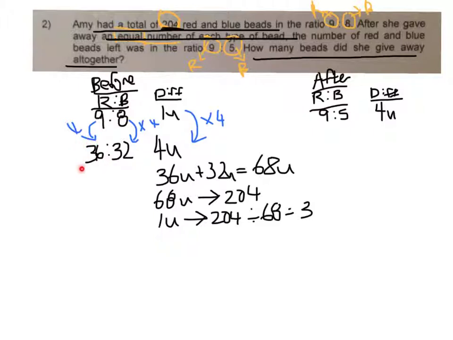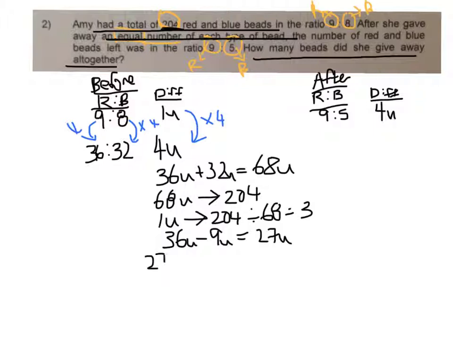So red initially is 36. Then after an equal number of beads were given away, the red left with 9 units. So here's what I'm going to do. I'm going to use 36U minus away 9U, and that will give me 27U. So you know that the 27 units were actually given away.